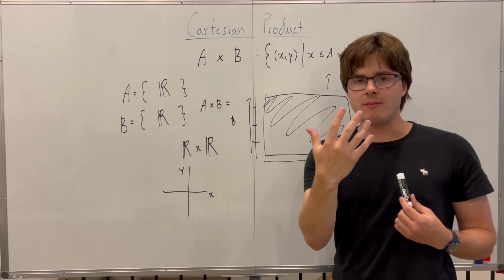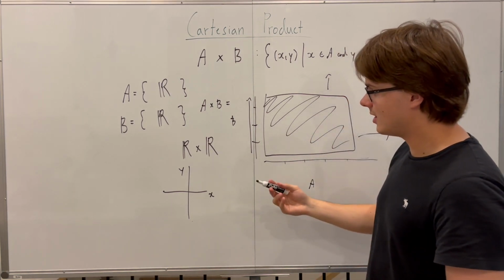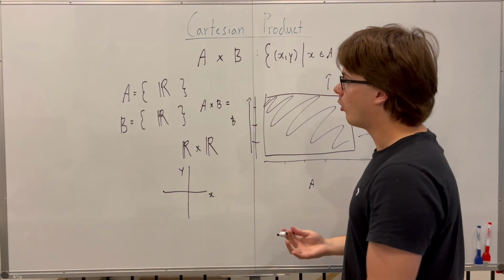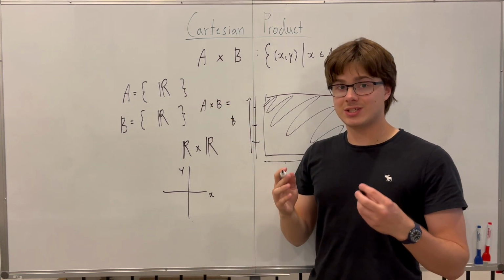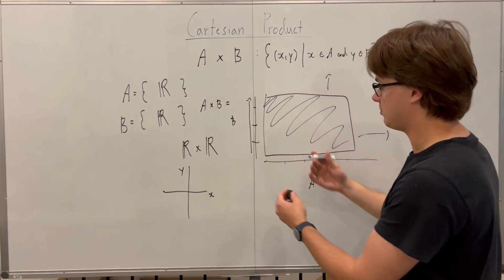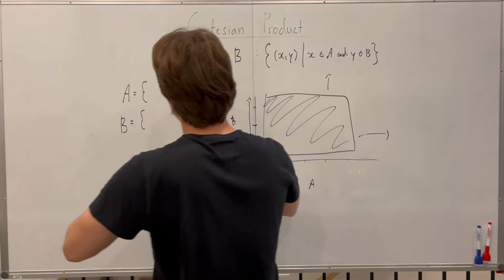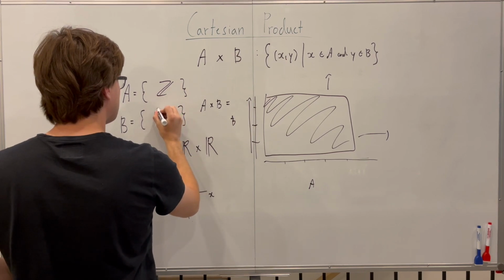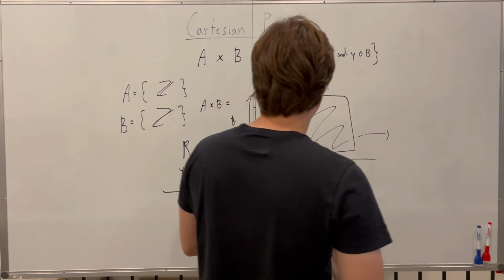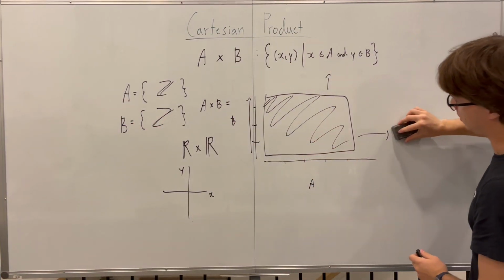So you're already familiar with the Cartesian product. It's just like a graph almost, or in this case, it would be between the sets that have real numbers, which would just be a typical graph. If you made this the set of integers, like so, we wouldn't have this continuous blob.